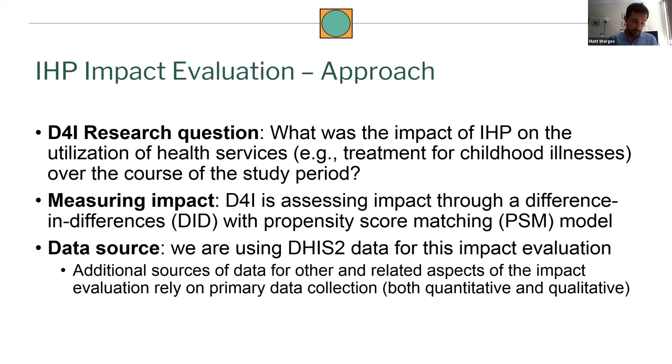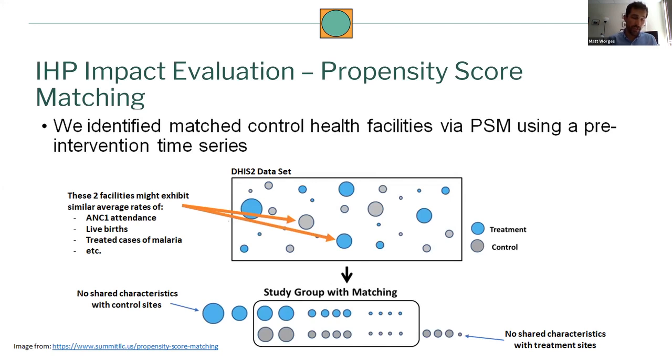There are other related aspects to the impact evaluation that I won't discuss here, but note that the D4I project has also relied on primary data collection through quantitative and qualitative studies. So I just wanted to say a quick word about the propensity score matching approach that we used to identify control health facilities through the use of DHIS2 records. So we extracted a multi-month pre-intervention time series from the DHIS2 for facilities that would eventually be included in the treatment health zones, as well as those outside of the IHP targeted health zones.